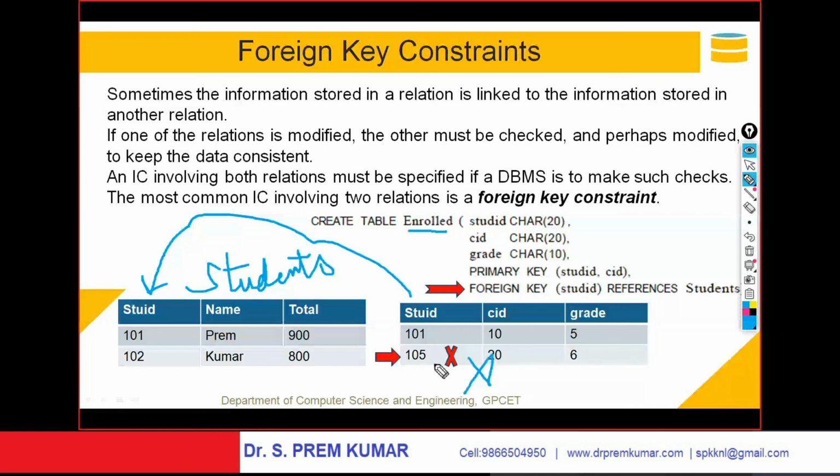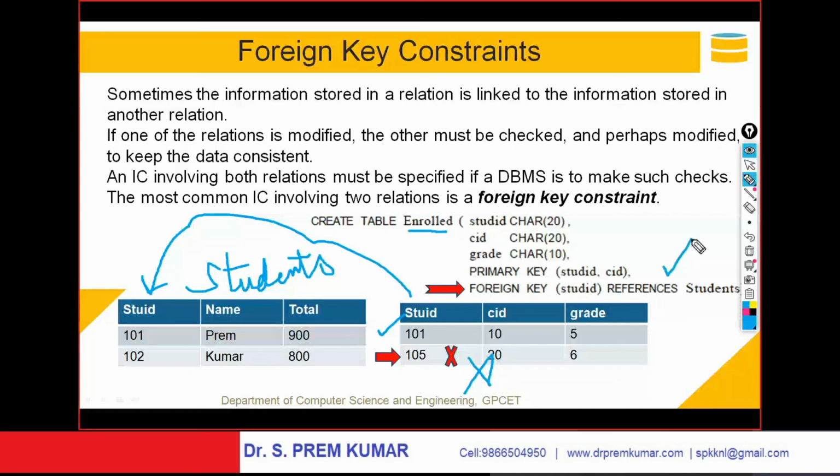Foreign key references means that while storing data into this table, you should refer to another table to check the existence of the value. Is 101 there? Yes, so accept. Is 105 there? No, so it should bounce. This is called referential integrity constraints.